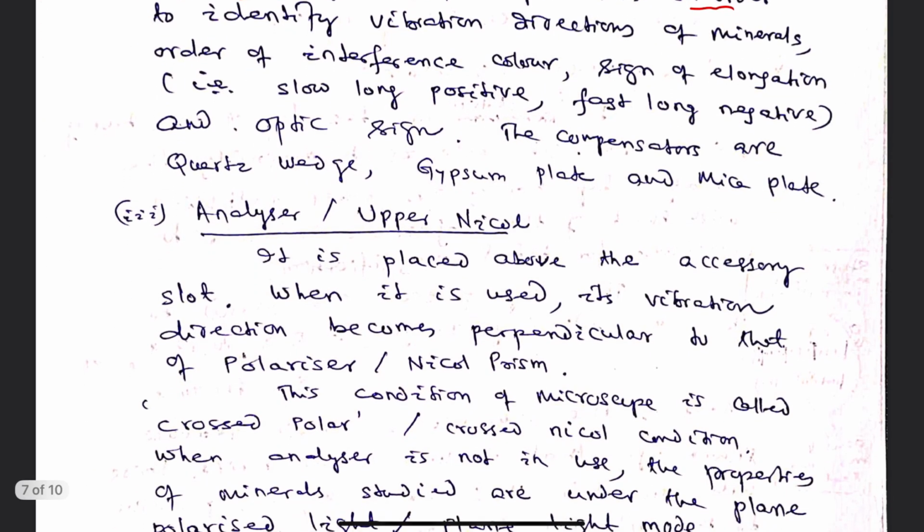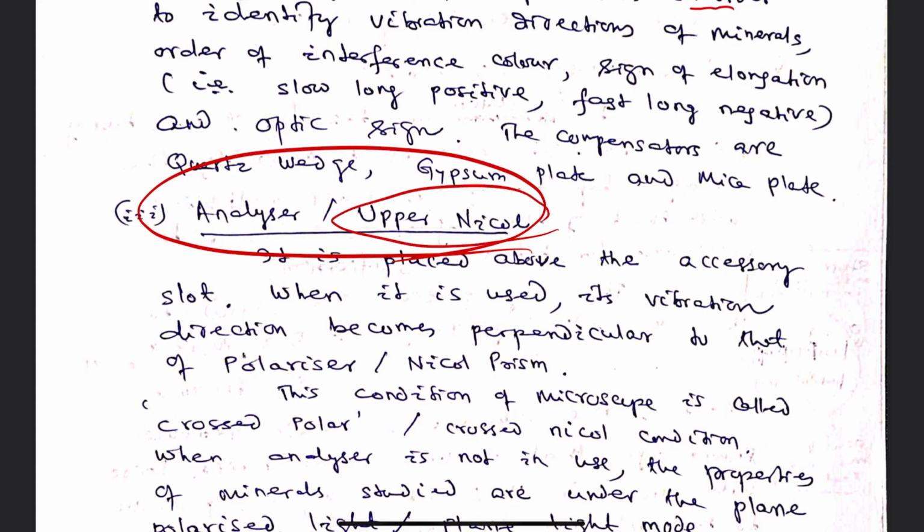Then above it we have the provision for use of the analyzer, or the slot where the analyzer is fixed. It is another kind of nicol prism or polarizing device whose vibration direction is perpendicular to that of the lower nicol or polarizer.